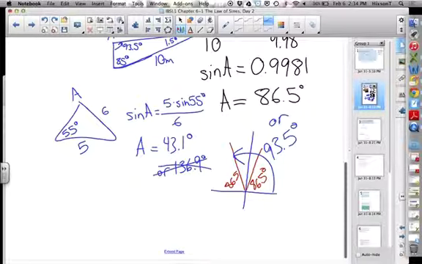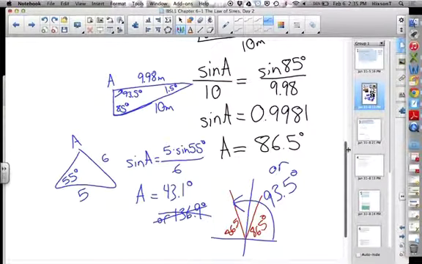So you can see cases like that and eliminate them quickly. Really, it most often happens when the two sides you're given are pretty close together in length and the other angle is either really big or really small. Those are some things that'll tip you off there.